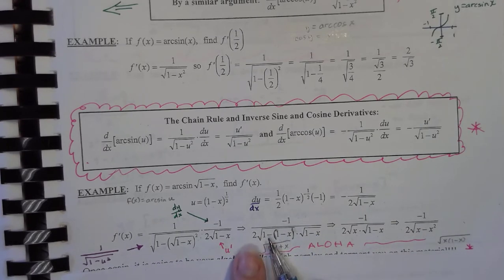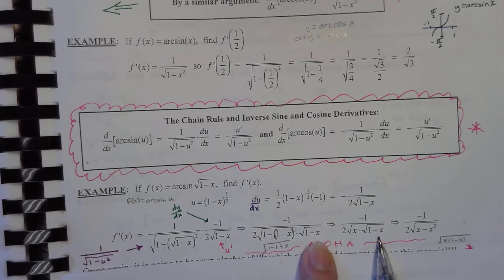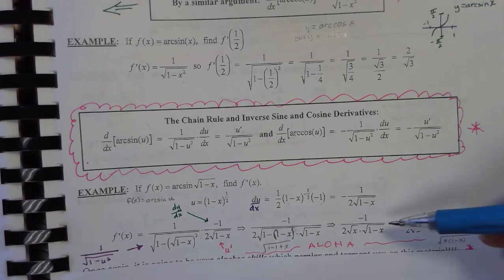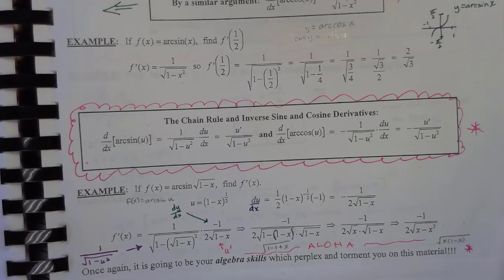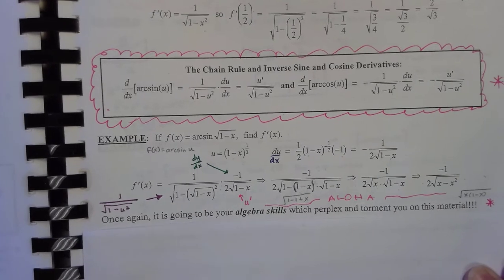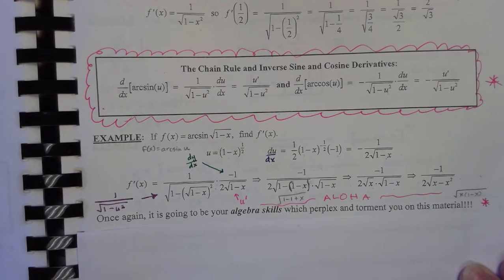This work here, 1 minus 1 becomes plus x, so I have the square root of x times the square root of 1 minus x times that 2, with a negative on top. So I wouldn't leave it like that. I would at least take the square root of x times the square root of 1 minus x and bring those together under the same radical. Now, it is going to be your algebra skills which perplex and torment you on this material.